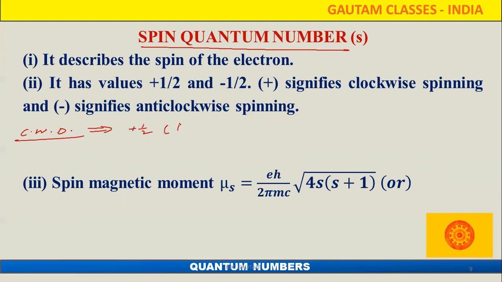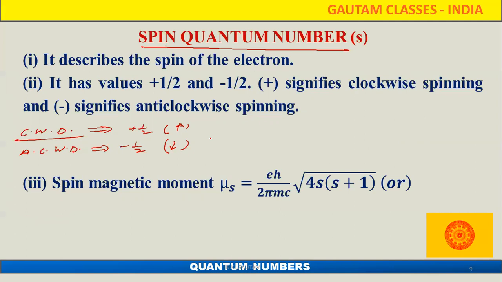And for the anti-clockwise direction, it is minus 1 by 2. This is how the electron is represented. If the electron is present this way, that is plus 1 by 2; in this way, that is minus 1 by 2.